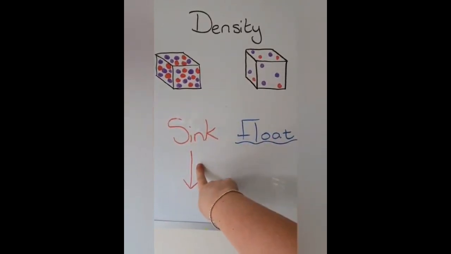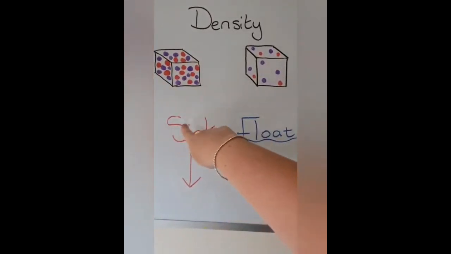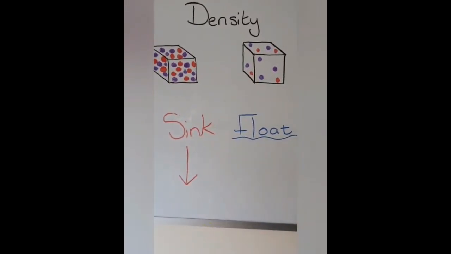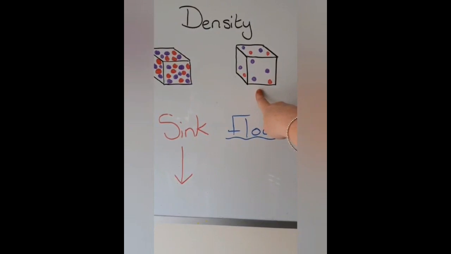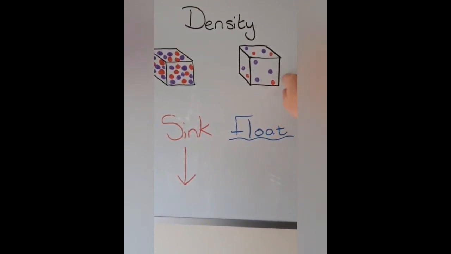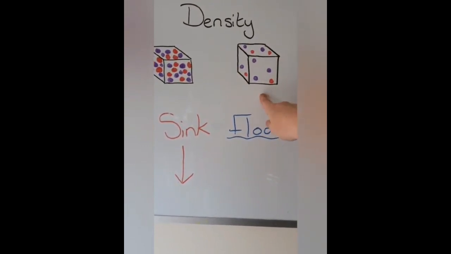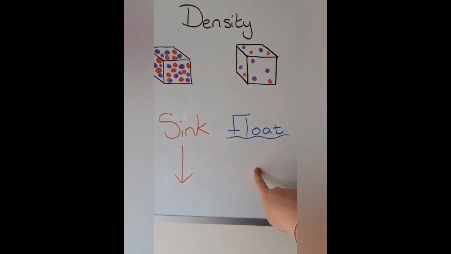These items, where the molecules are packed close together, are dense and they sink. Other things, the molecules are more loosely packed. There's space in between. These items will float.